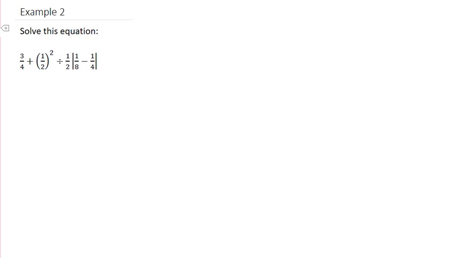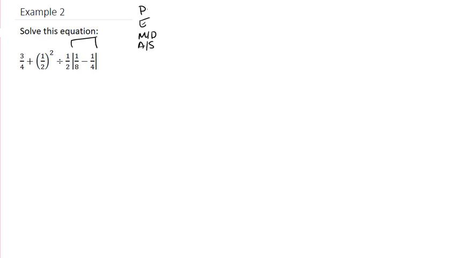So here we have a problem, and we need to remember our steps. So we have P, E, M, D, and then add and subtract. The first thing we need to deal with is parentheses. We can see that we have a parentheses, which is also known as our absolute value sign.